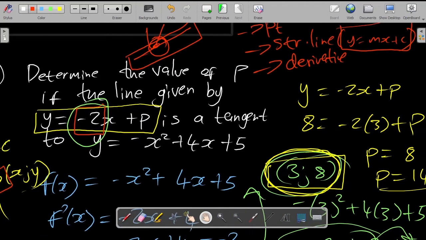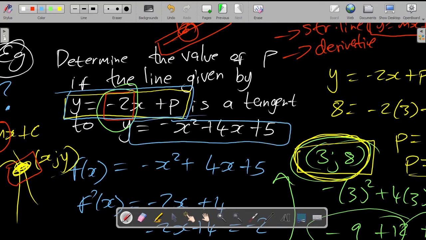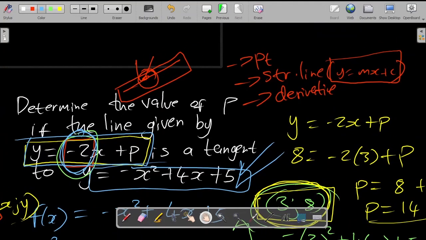Like in this case here, we're given a partial definition of the tangent, we're given our function. But we know that if we find the derivative of this, we can find that negative 2, which is the gradient of the tangent, which is this thing. And once we have that, we can find that specific point where the tangent passes, because we aren't given the point.